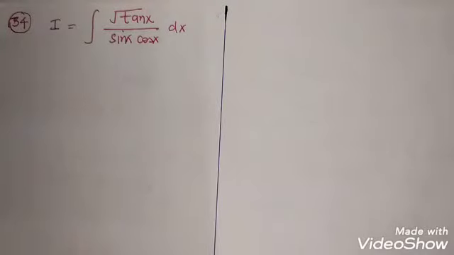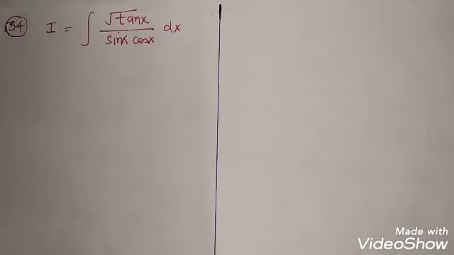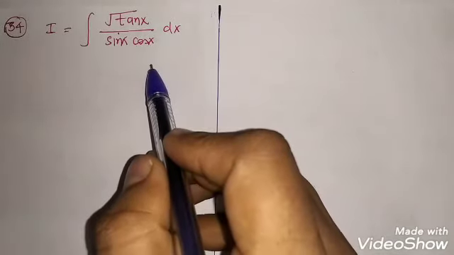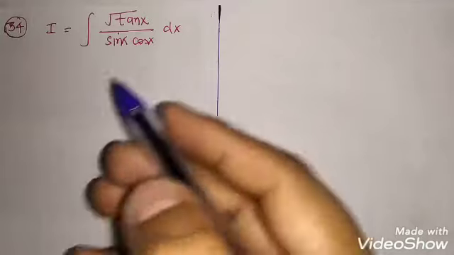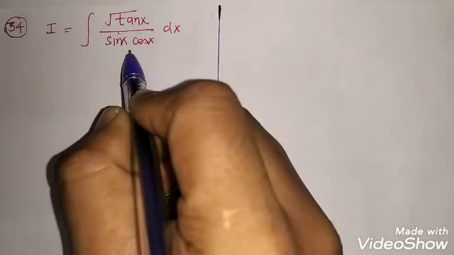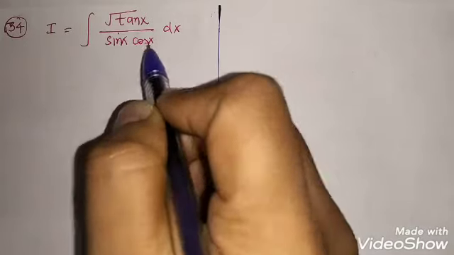Starting question number 34th for you. As you are able to see, question number 34 says under root of tan x upon sin x cos x. See, divide the denominator by cos x.